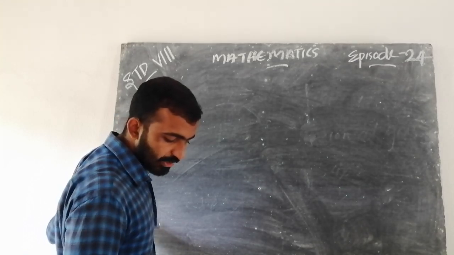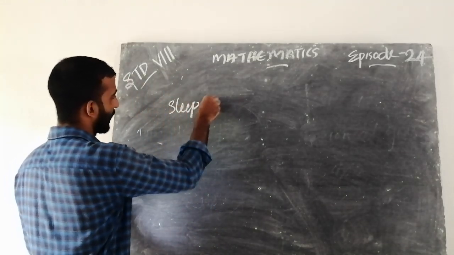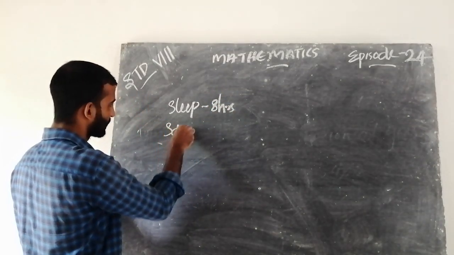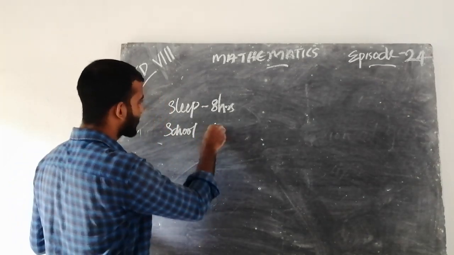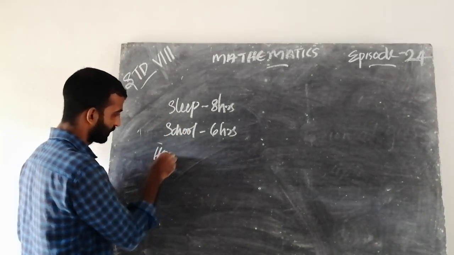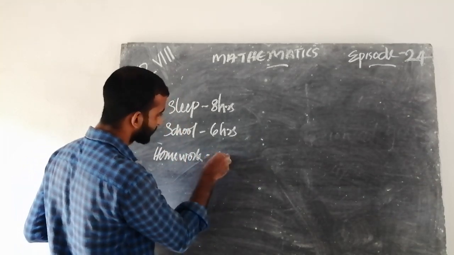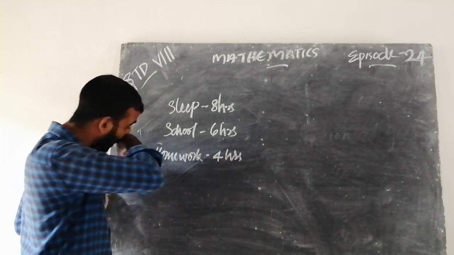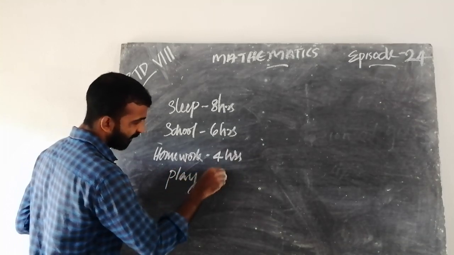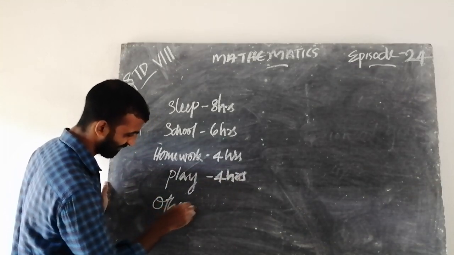The time spent by a child during a day: sleep, 8 hours; school, 6 hours; homework, 4 hours; play, 4 hours; others.